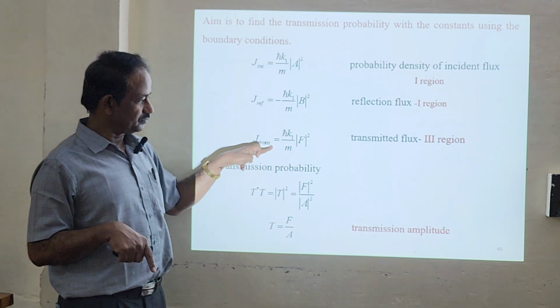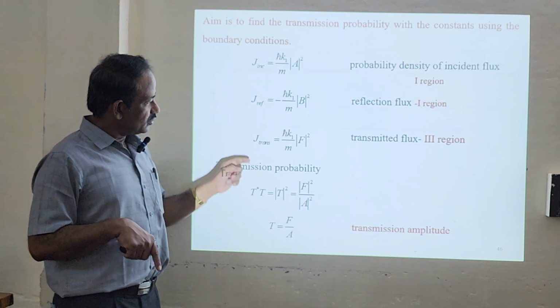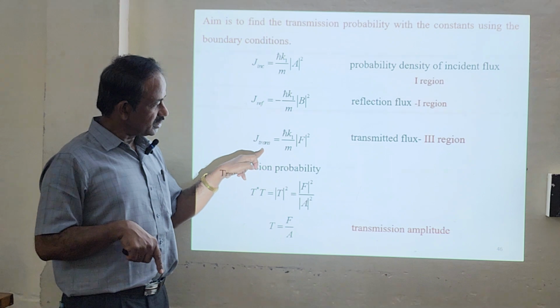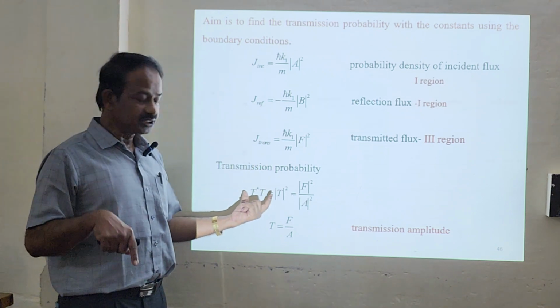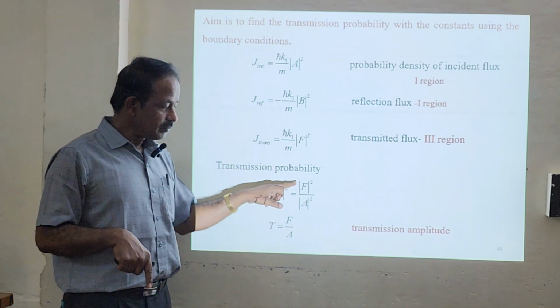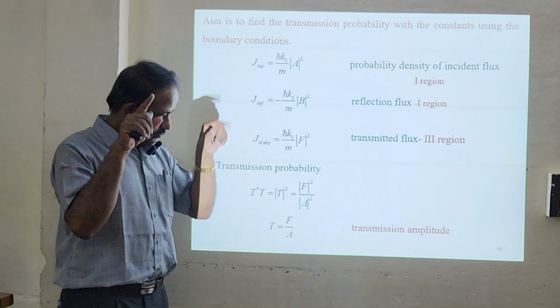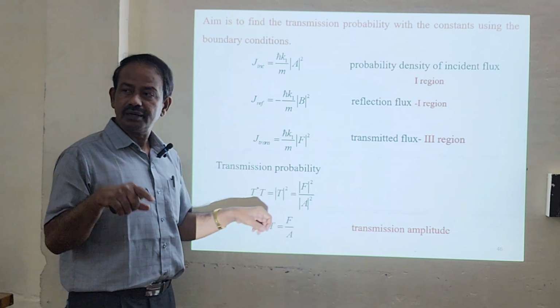So now we are going to find the J transmission. This is the transmission probability we are going to find, which is nothing but mod F square divided by mod A square.